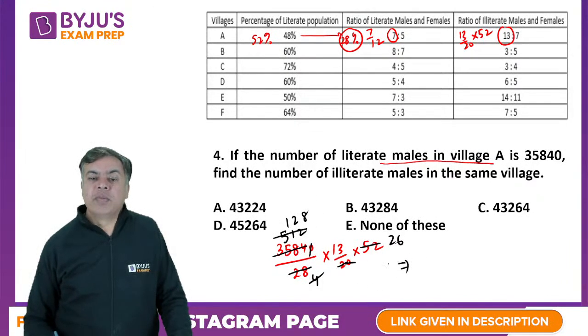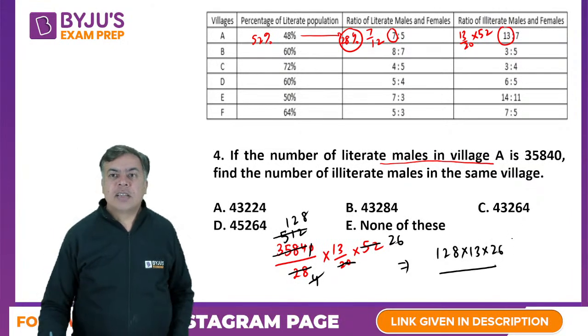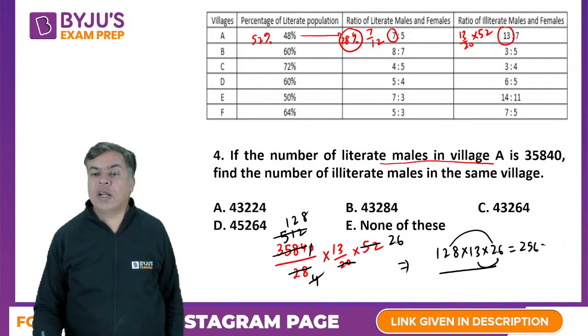So it will become 128 into 13 into 26. Okay, just see now. Now you can multiply this, which will eventually become 128 double, that is 256, and 13 square, 169.